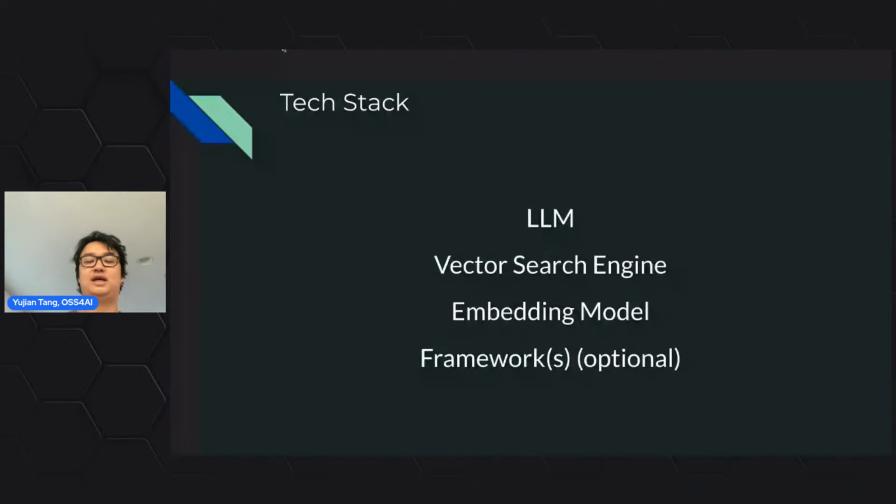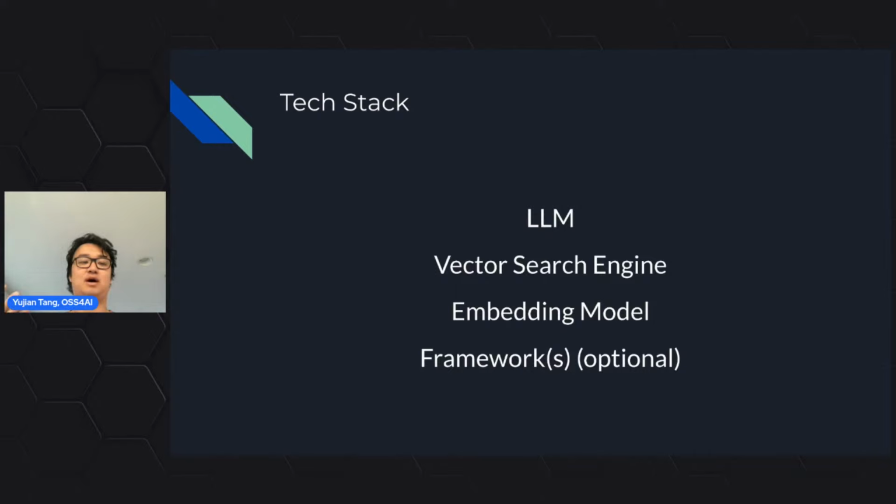And a RAG application typically consists of a few different pieces. The tech stack looks like this. There's going to be an LLM, which is, of course, the core engine that powers the retrieval augmented generation. It's the generative AI. There's going to be a vector search engine, which is what people typically call a vector database. And what this does is it searches through vectors, which are numeric representations of your data.